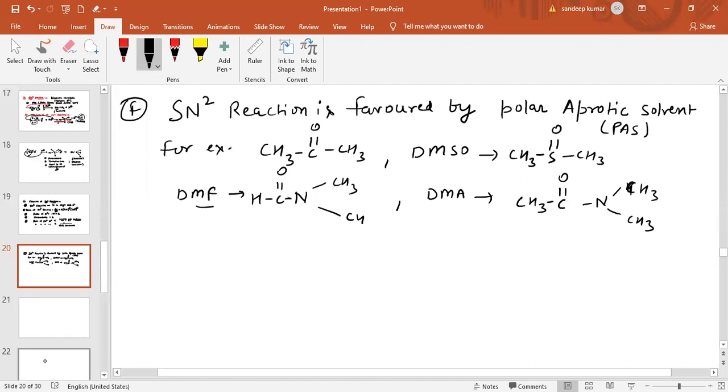Now, if you want to compare the rate of SN2 reaction, I'm giving you the question.